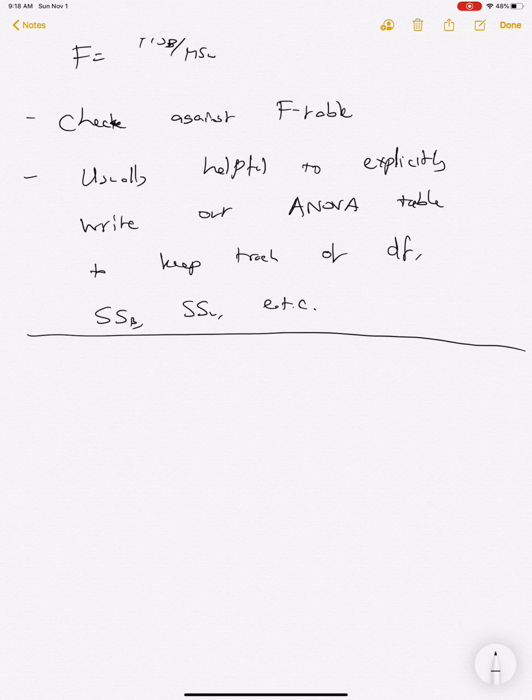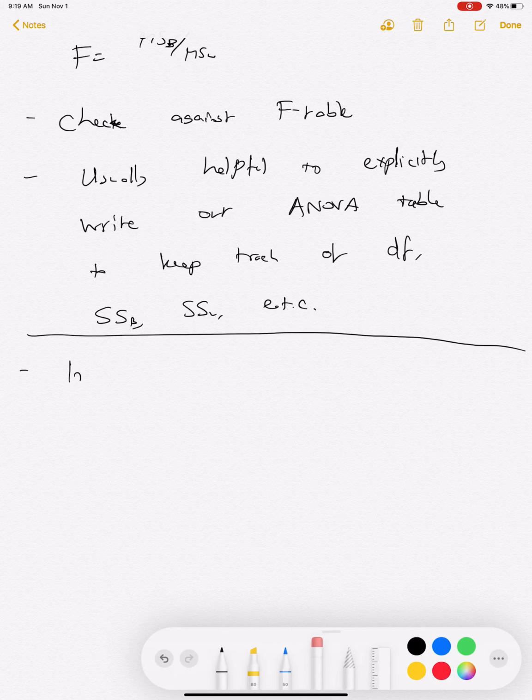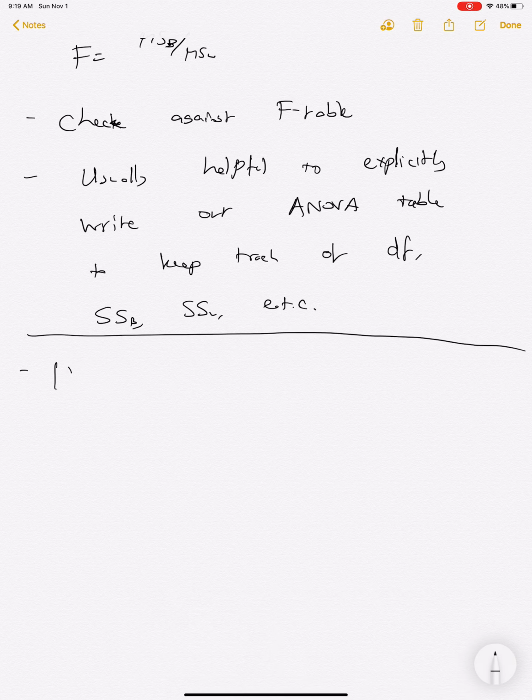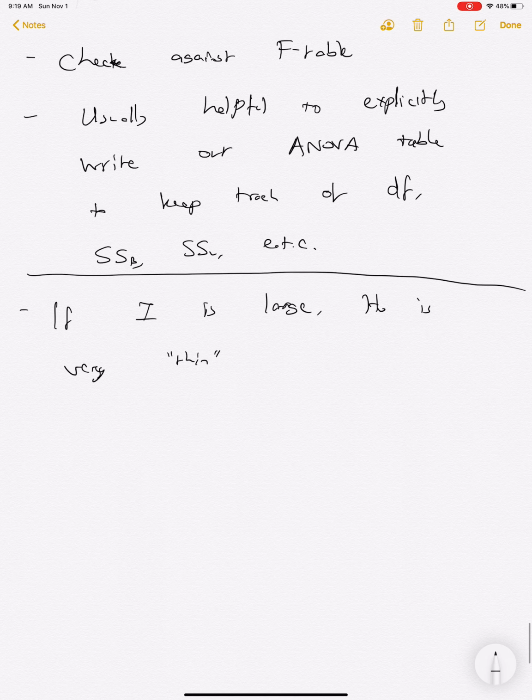The last thing I wanted to mention briefly is that if I is large, then H naught is very, I guess we should say, thin, because we require all groups to be the same.